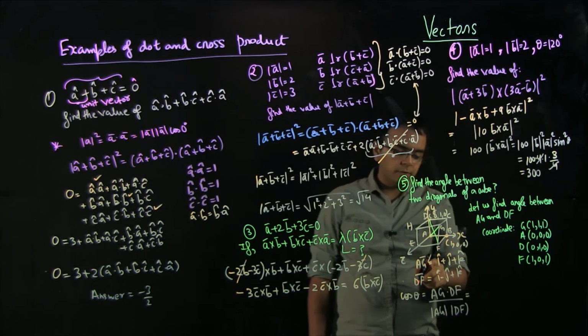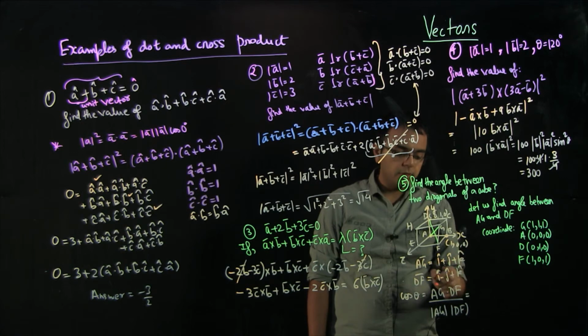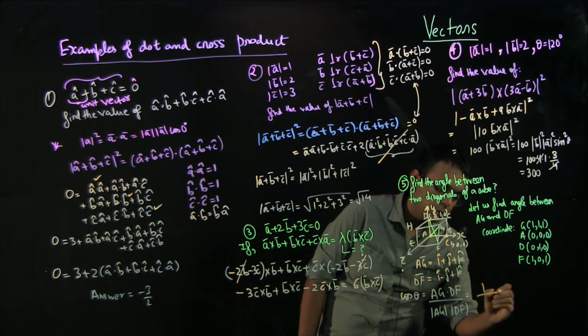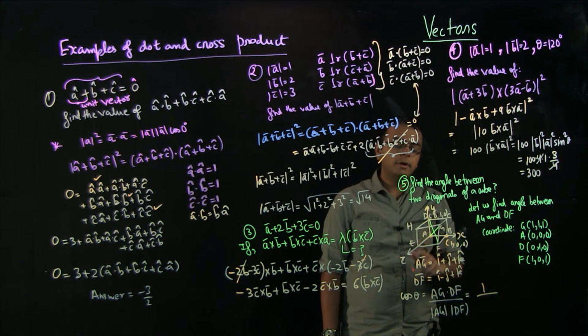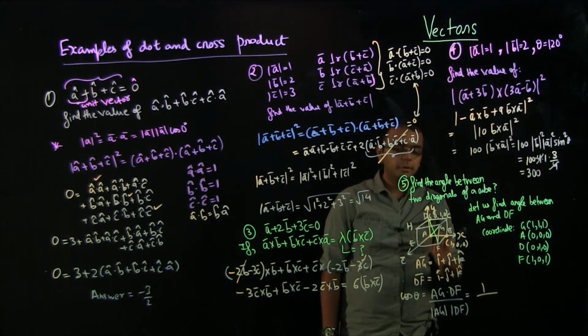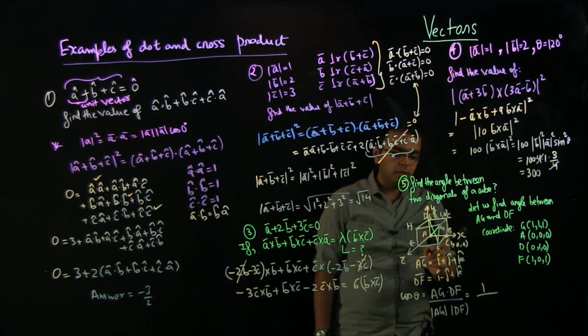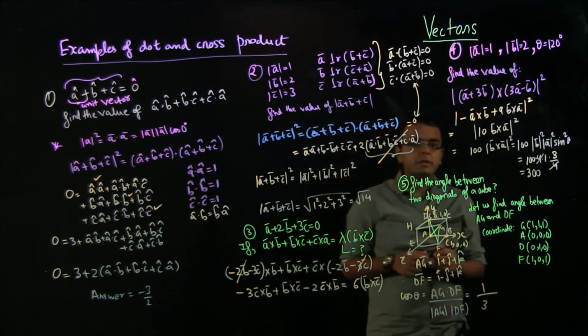If you take the dot product of i plus j plus k and i minus j plus k, it will be 1 minus 1 plus 1, so it will be 1. Mod of AG is the square root of 1 square plus 1 square plus 1 square, so root 3, and mod of DF is also root 3. So cos theta is equal to 1 by 3.